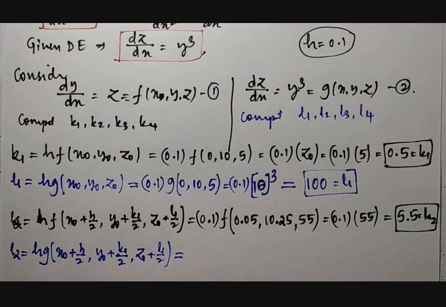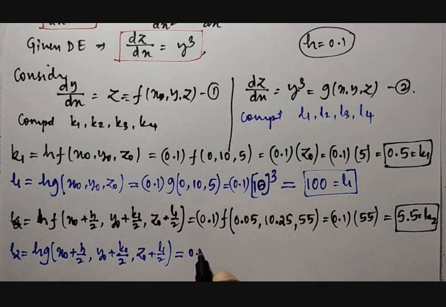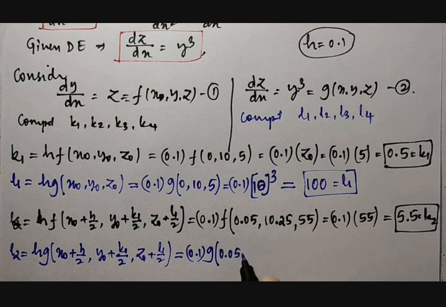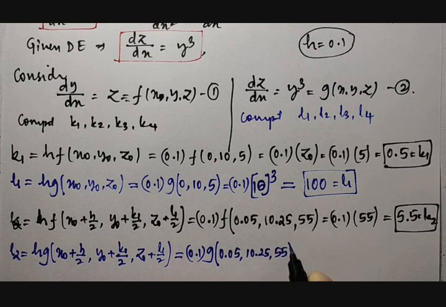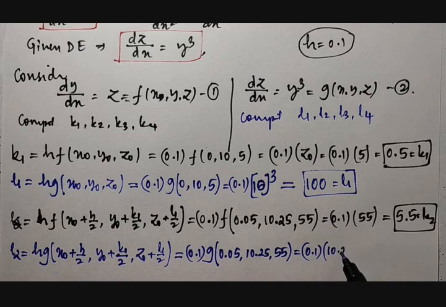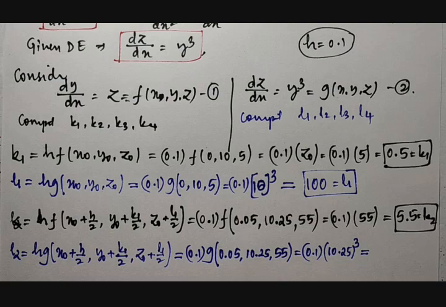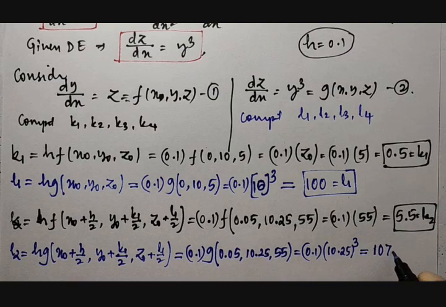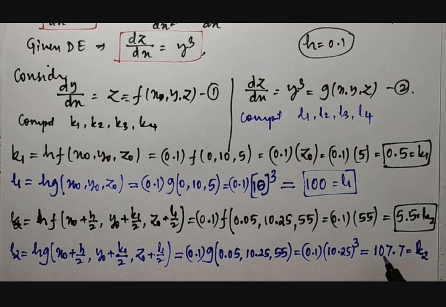So that is equal to 0.1 into g of same 0.05, 10.25 and 55, which is equal to 0.1 into y cube. What is y? 10.25 the cube. Calculate this. This is equal to 107.7. This is L2.